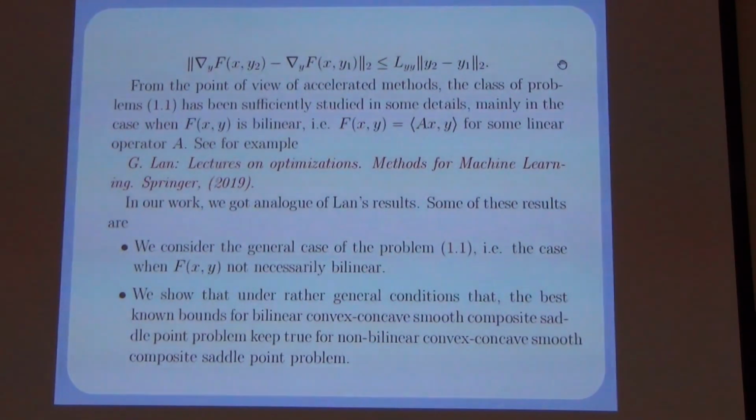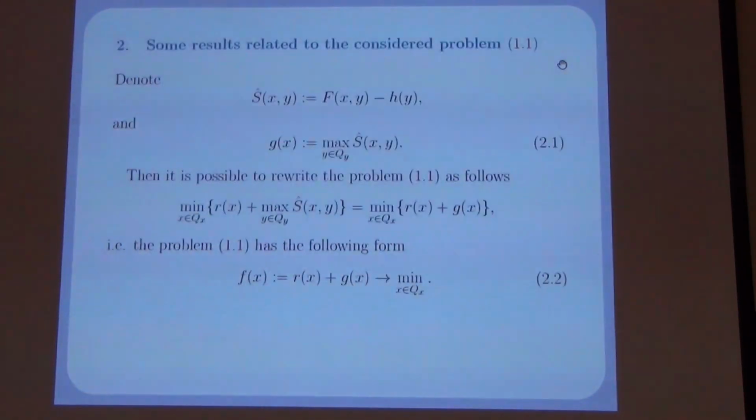And we show under rather general conditions that the best known bounds for bilinear convex concave smooth composite saddle point problems keep true for non-bilinear convex concave smooth composite saddle point problems. Let us now see some of these bounds.